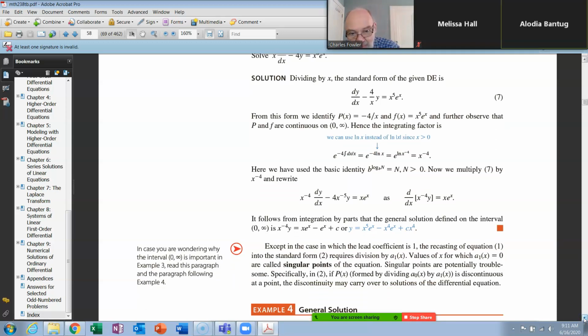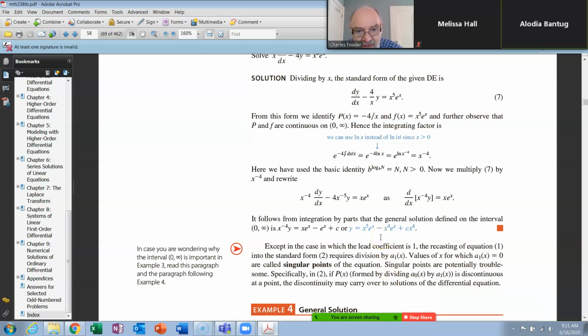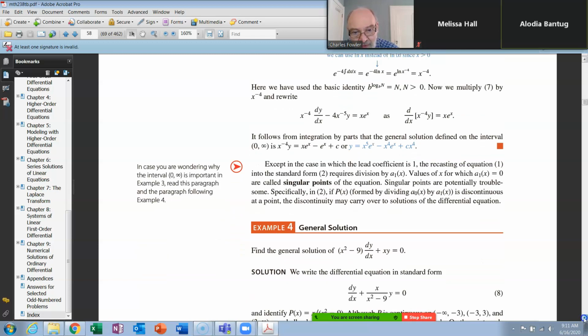We're going to look at example 4 in a minute. I'm trying to see if there's any real reason they excluded the negatives here. There may be, but I don't want to spend any time. So unless there are questions, let's go on to example 4.